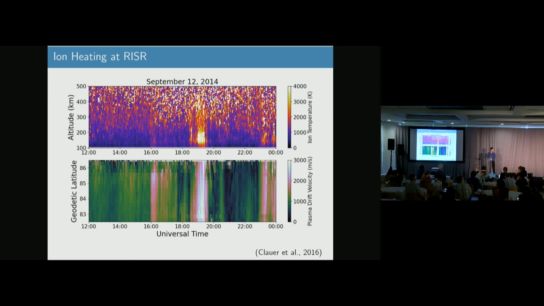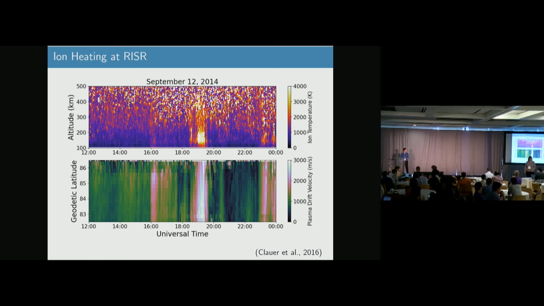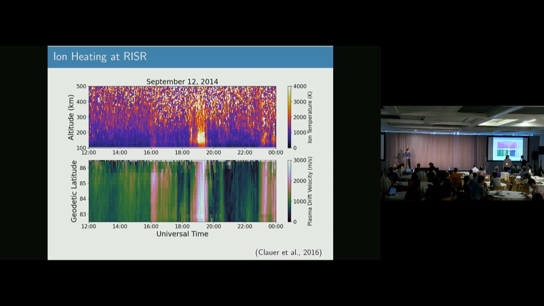And one last quick question. Hi, I'm doing middle and low latitude electrodynamics, and I have a question about this slide. On this slide, we can see the plasma drift velocity is more than 2,000 meters per second. When you derive this heating, is there any assumption about supersonic or subsonic flow in the fluid?